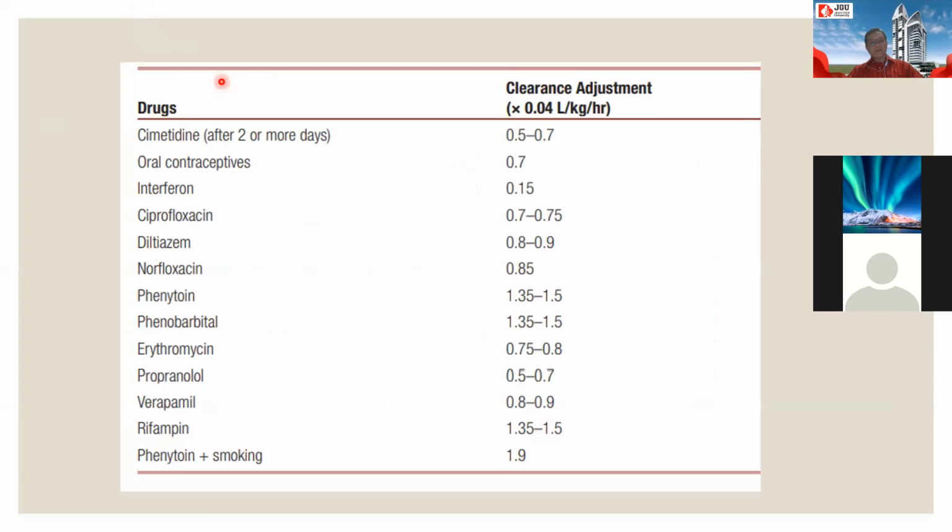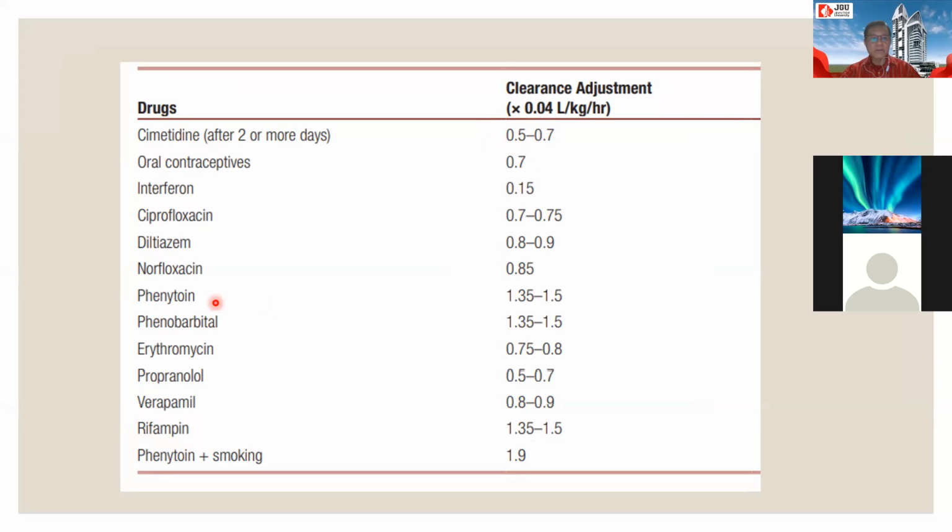Drugs also: if you see cimetidine, it adjusts the clearance. Cimetidine is an inhibitor, right? When you inhibit, the clearance will be smaller, so it is multiplied by about half, or 0.7.